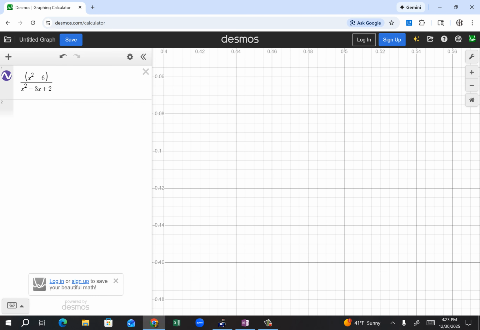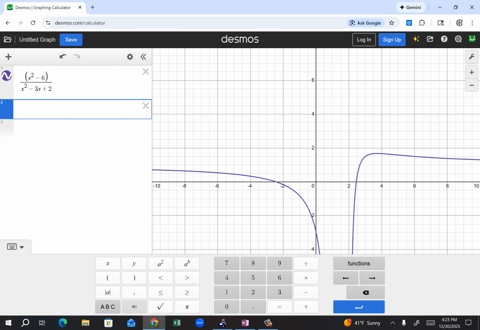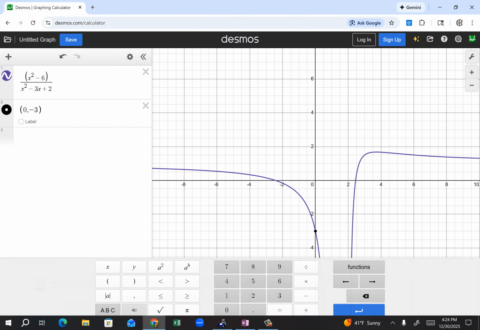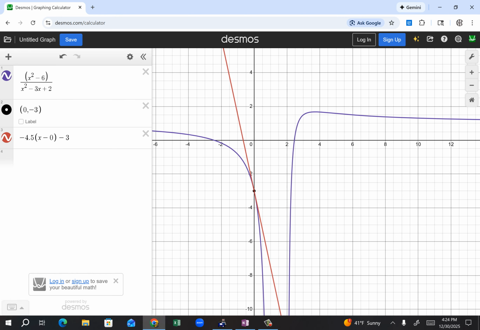We're interested at 0, the point 0, negative 3. And then, of course, my equation is negative 4.5 times the quantity x minus 0. I don't need the 0, but I'm going to leave it there. We rock.